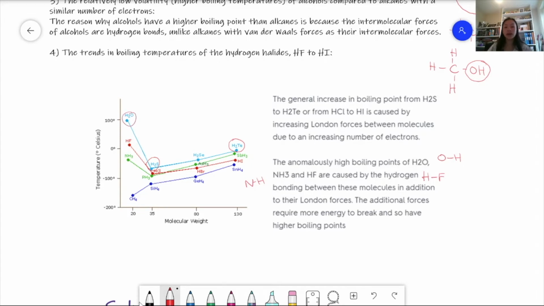So that must be why these 3 have such high boiling points compared to all of these down here. And they also have van der Waals forces because everything has van der Waals forces. So this means that more energy is required to break the hydrogen bonding and the van der Waals forces, and so they have higher boiling points.